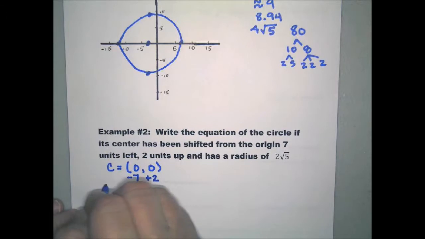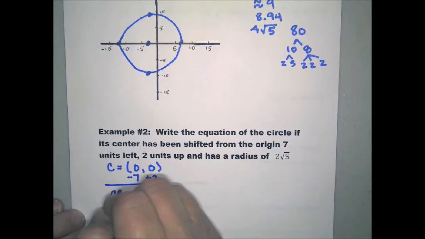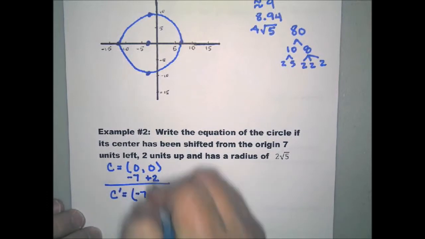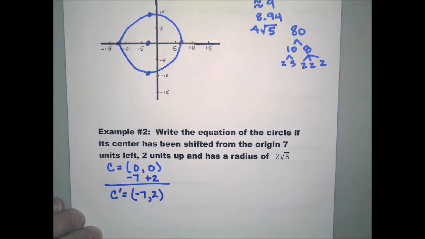Now, what this gets us to is what we call C prime, the circle in its new position. 0 minus 7 is -7, and 0 plus 2 is +2. That just tells us that's the new center. So what does our equation have to look like to achieve these coordinates?